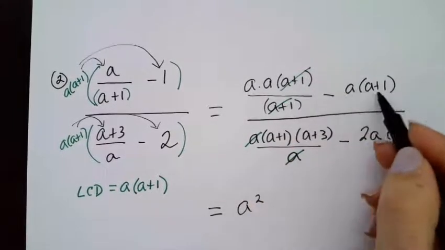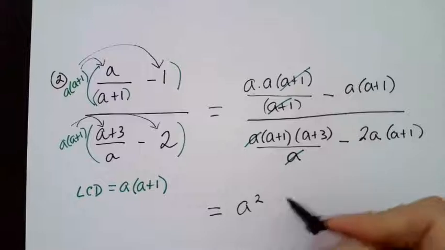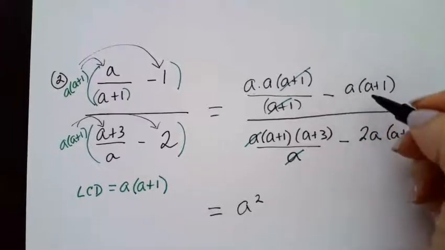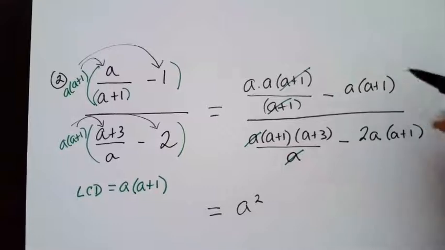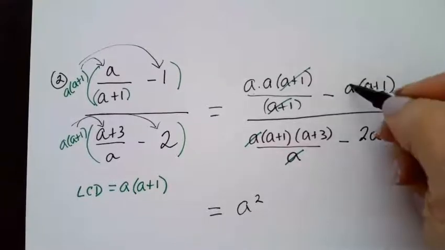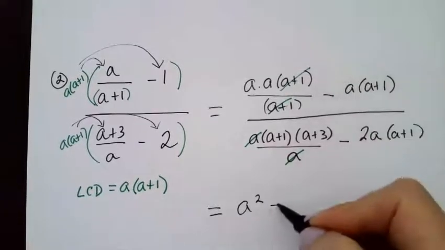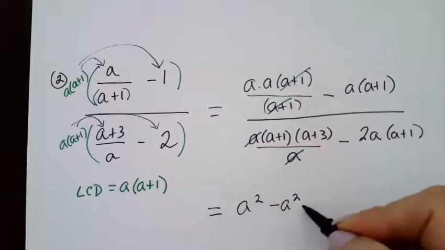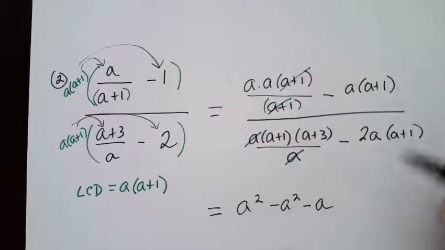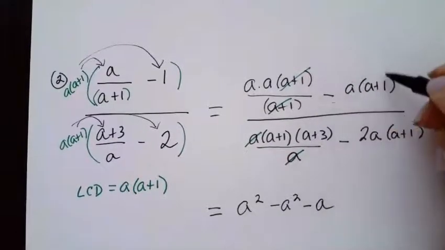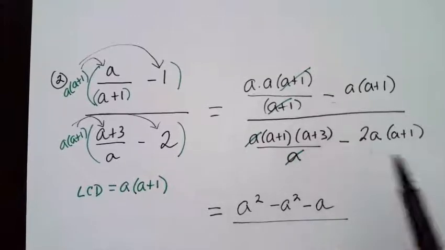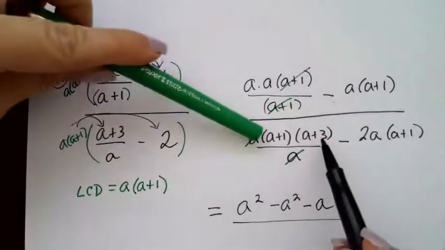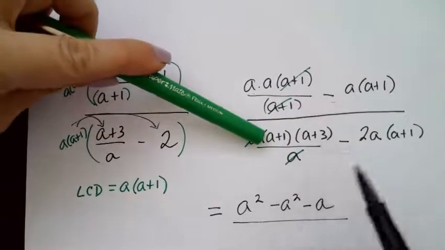Here I will multiply this as well because I want to factor to see if I can cancel out any common factors once I simplify this numerator and denominator. So I will distribute that negative a. So it's negative a squared minus a, just distributing this negative a here and here. All right, the denominator, I want to multiply these two binomials together.